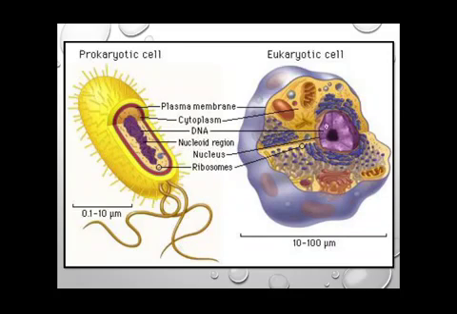In the eukaryotic cell you can see a very well defined nucleus along with the nuclear membrane. The nuclear region is well defined, surrounded by the nuclear membrane, while in the prokaryotic cell a true nucleus is lacking, and the nucleoid region is not surrounded by any nuclear membrane.